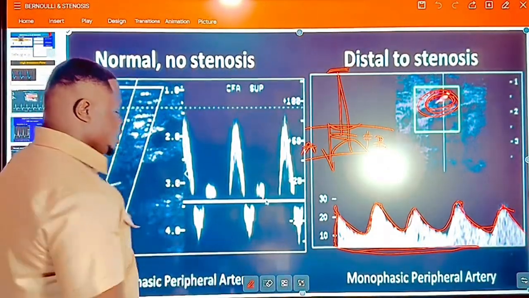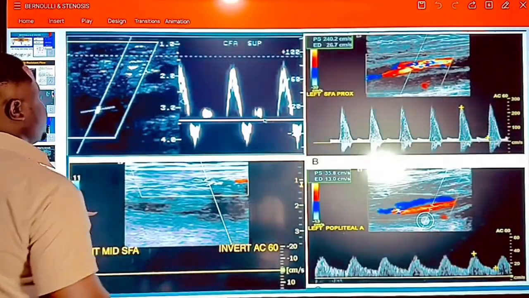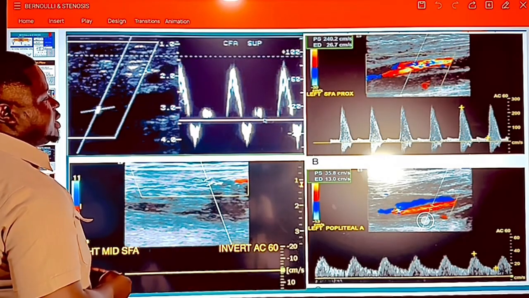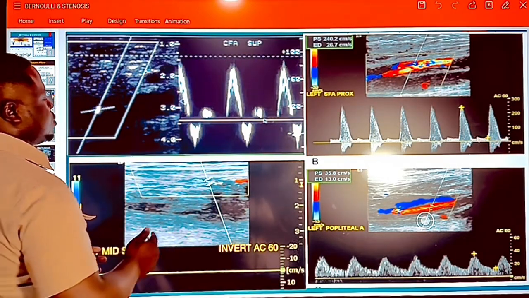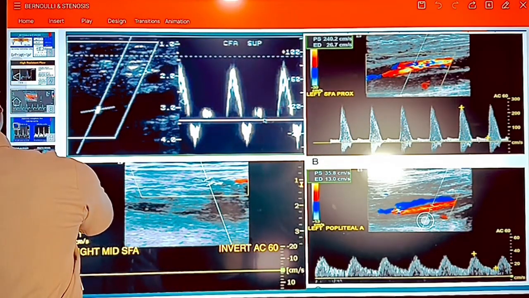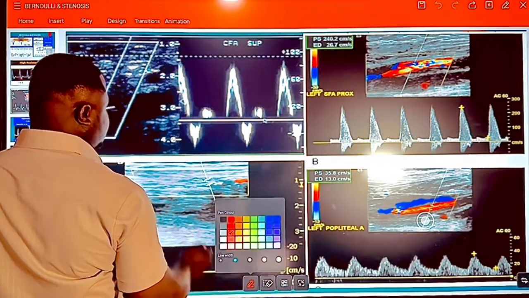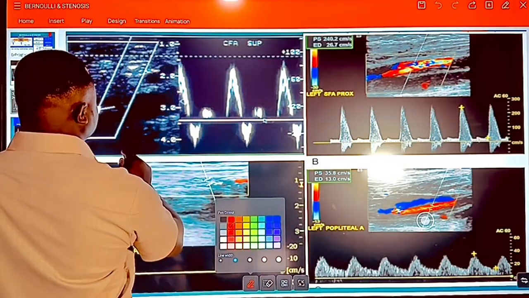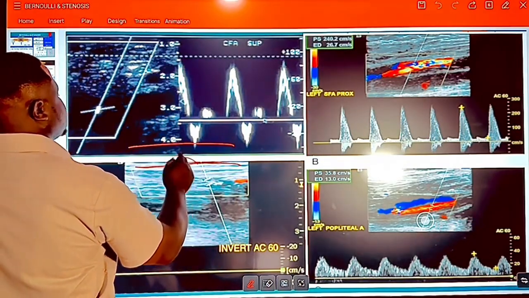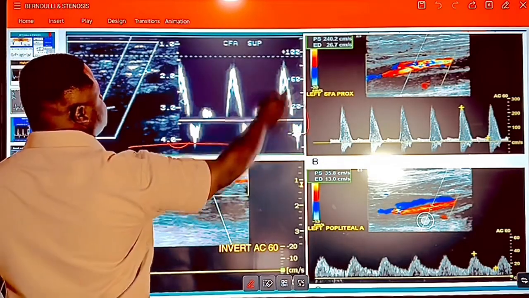Okay, now let's look at other waveforms too. Here, we already stated that before stenosis, here, we are going to have what?